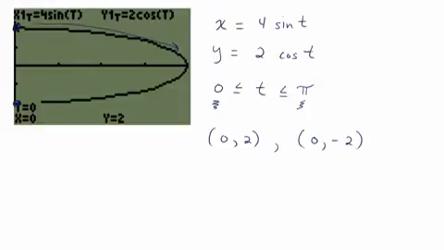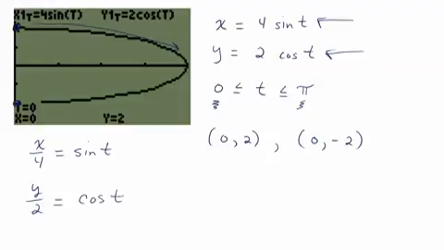Now let's find the Cartesian equation for the whole ellipse, the entire ellipse, and then we'll see which part is being traced. Let's start by dividing both sides of this equation by 4. That gives us x over 4 is equal to sine t. Dividing both sides of this equation by 2 gives us y over 2 is equal to cosine t.